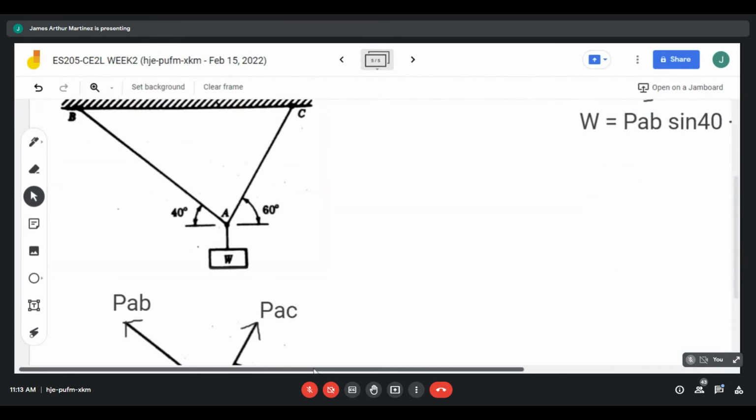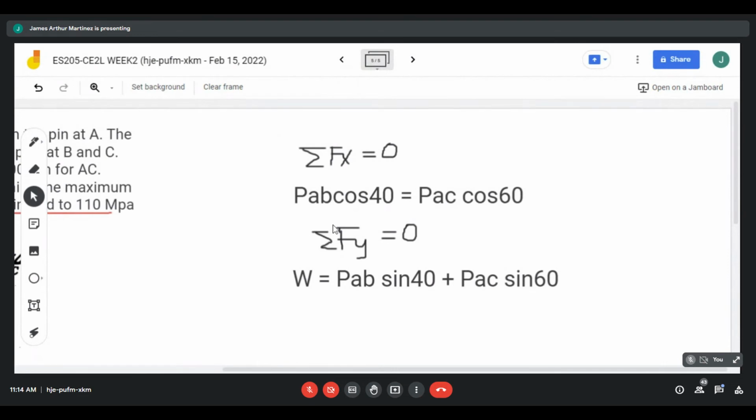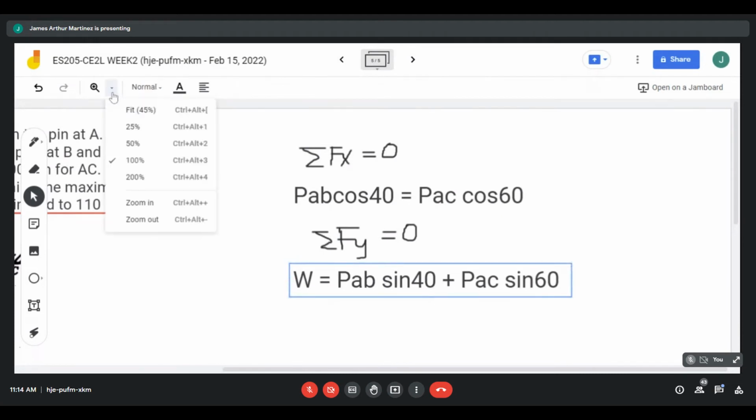Now let's try to express PAB or PAC in terms of the other, to get other equations as well.